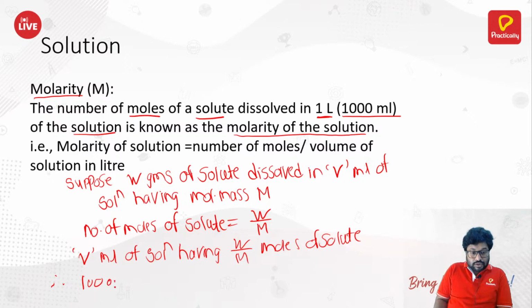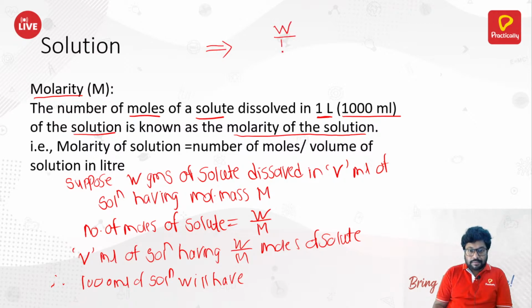Therefore, 1000 ml of solution will have, by cross multiplication, W by M into 1000 divided by V ml.